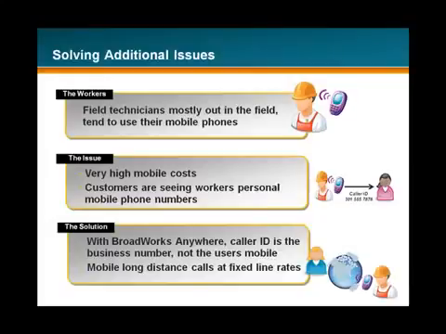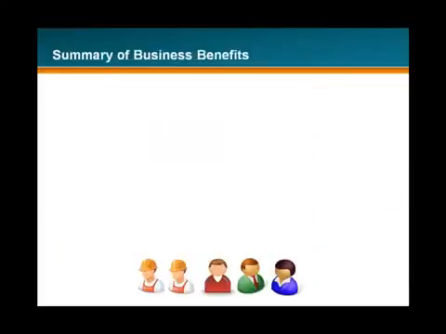Number 1, using this process, when workers make an outbound call from their personal mobile phones, the caller ID can now show up as the business phone number, not the user's. And number 2, when workers make long-distance calls from their mobiles, the calls are essentially routed back to a fixed line call, which avoids expensive international mobile phone rates for Mr. Smith. Please contact your service provider for more information on these options.